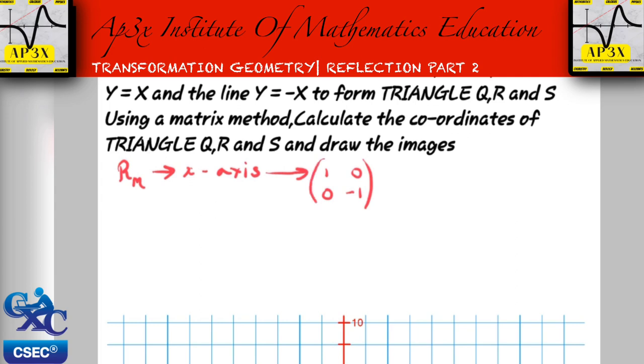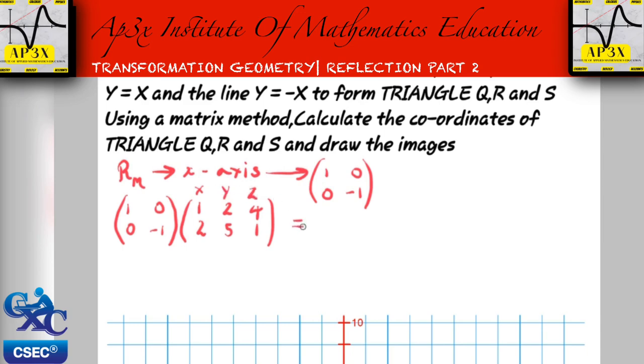That is the reflection matrix. Now, the correct way here is to take the matrix [1 0; 0 -1] and multiply it with the points: (1, 2), that is point X, (2, 5), that is point Y, and Z is (4, 1). So let's label this X, this Y, this Z.